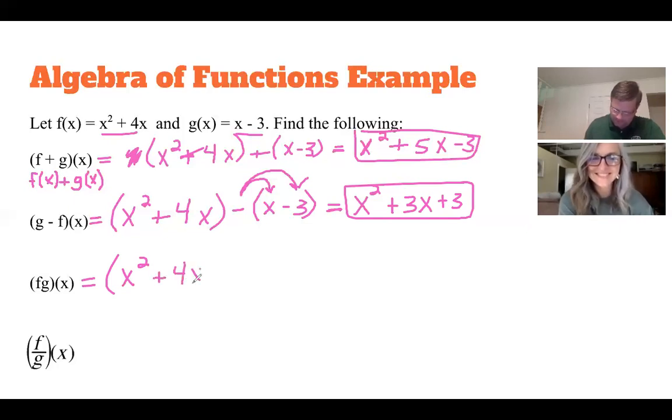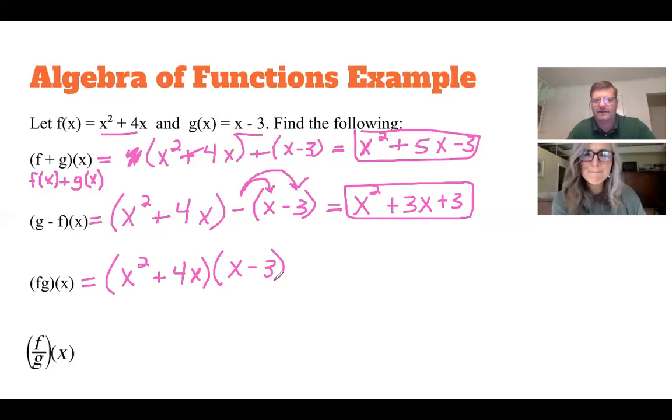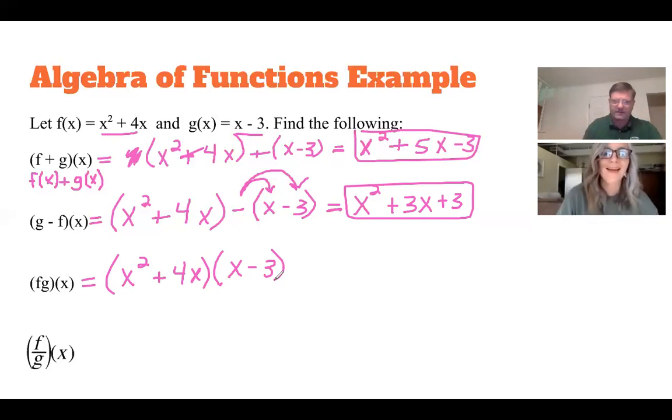So what do I have to do when I multiply? You have to distribute. I have to do x squared times x, and then x squared times -3, and then 4x times x and 4x times -3. You've done this a million different times, I hope.